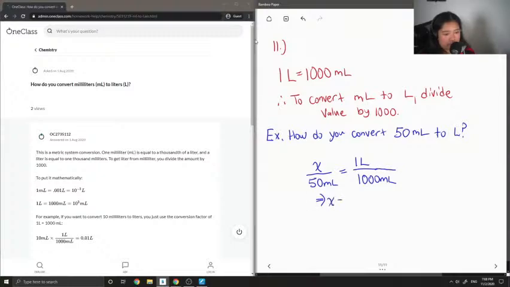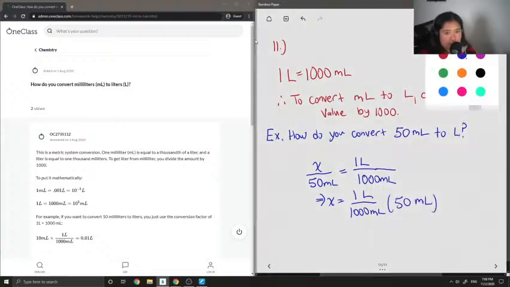And then when we solve for x, we multiply both sides by 50 mils. You'll notice that the units will cancel out.